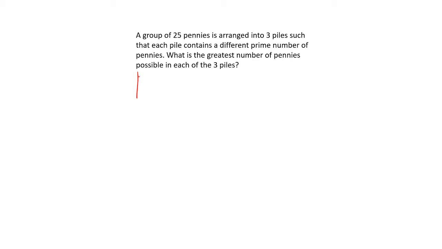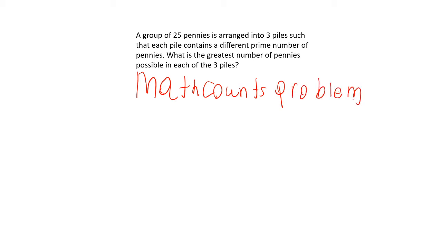All credit goes to MATHCOUNTS for this problem. So we have 25 pennies, which is divided up into 3 piles, but each pile contains a different prime number of pennies.